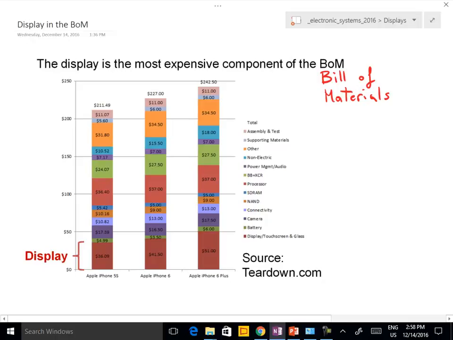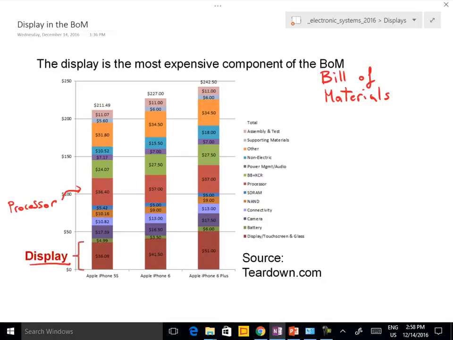This is the processor, which is probably the second most expensive one, but then the display is, let's say, first or second. In the iPhone 5S it is a little less expensive, but just a little.